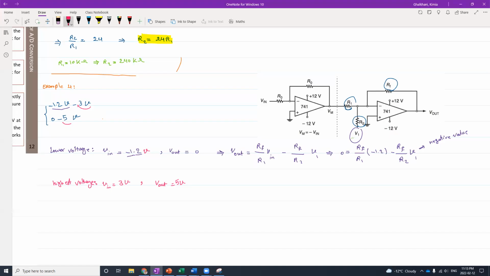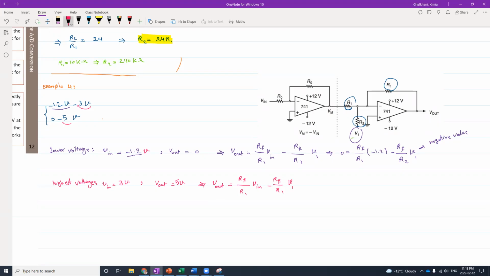These are from the problem. So what do I have in here? I have V out equal to RF over R1 times V in, minus RF over R2, again V1, same thing.